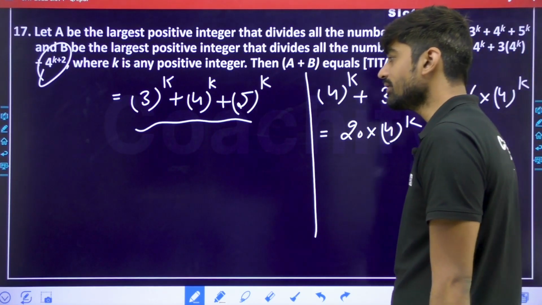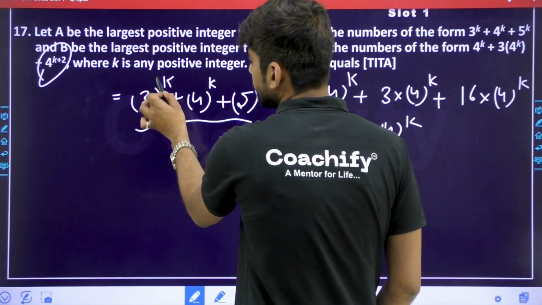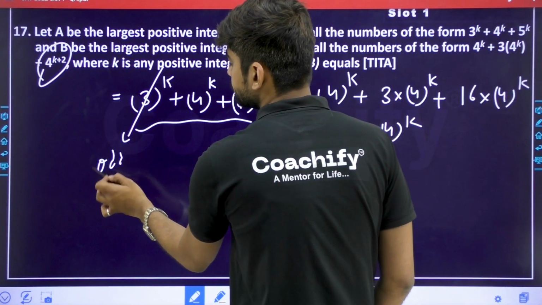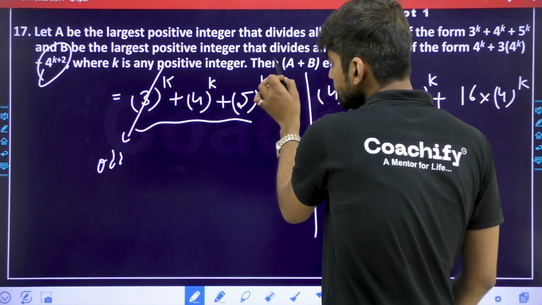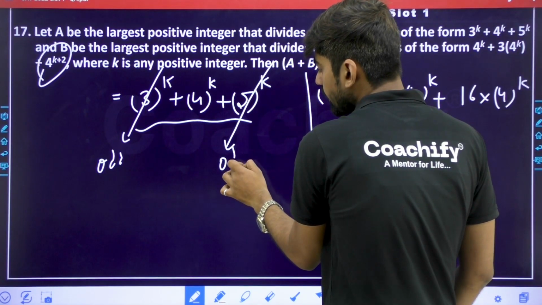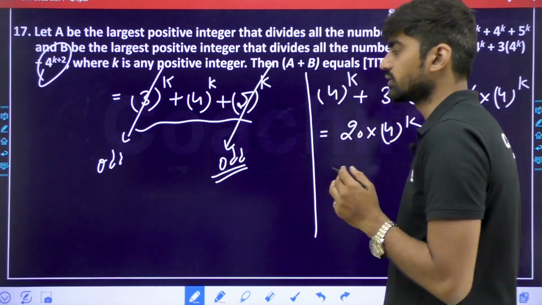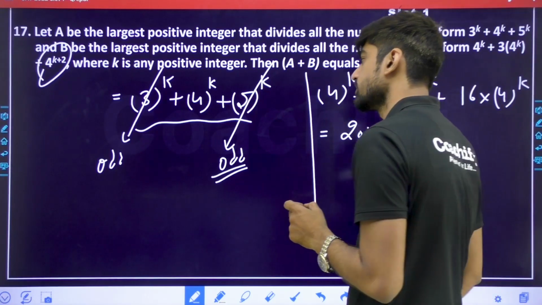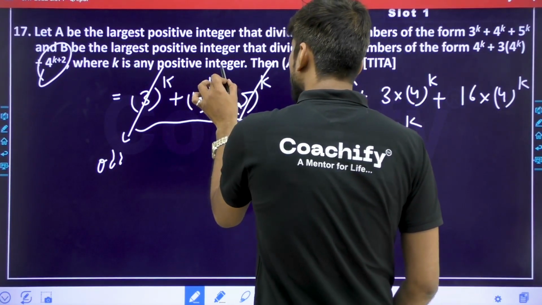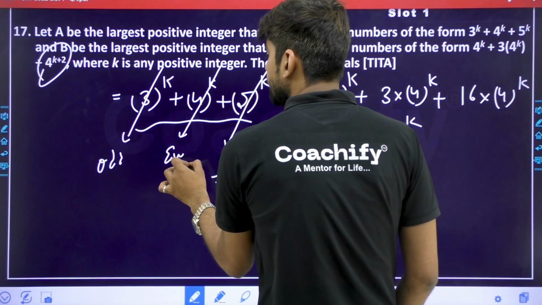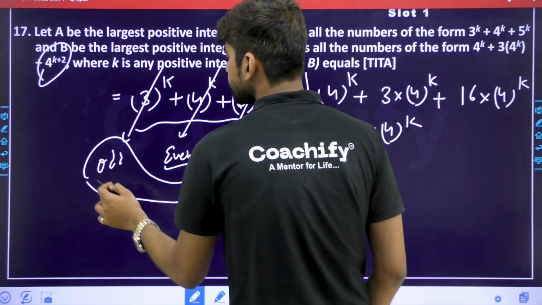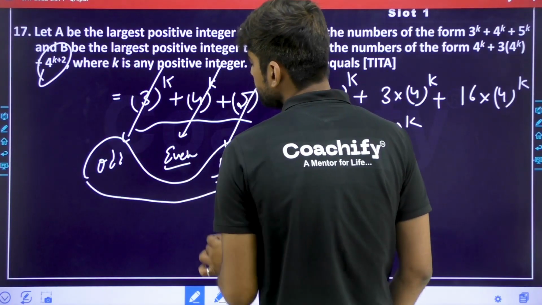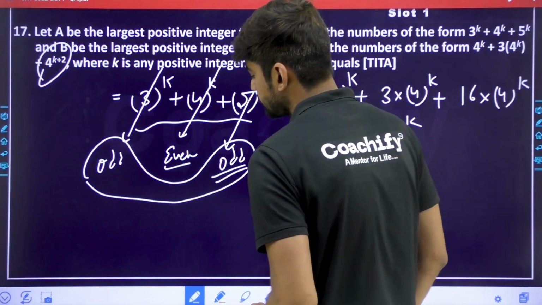So guys, one thing to be noticed here is this will always be odd for whatever values of k you take. Likewise, this will again always be an odd number, whatever values of k you take starting from 1. This will always give you an even result. So the sum of two odd numbers is always even, and even will give you an even result.